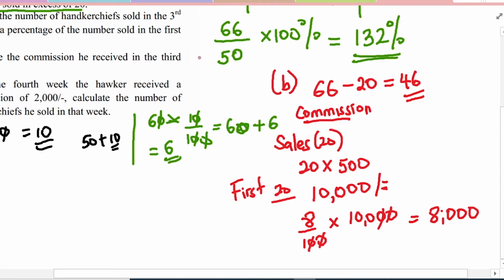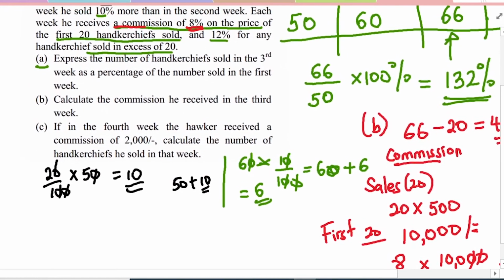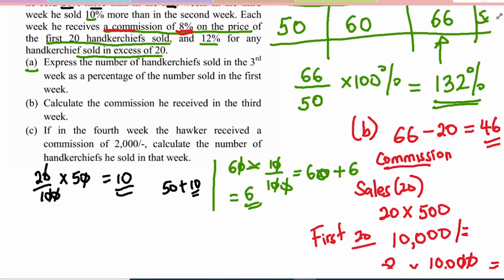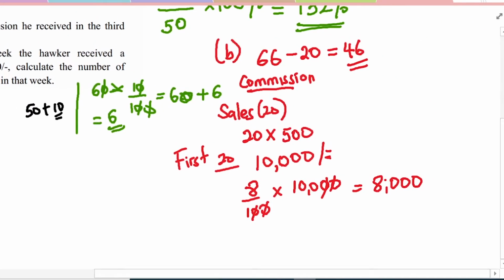But remember, the question continues to say that when he sells, he gets a commission of 8% on the price of the first 20 handkerchiefs sold, and 12% for any handkerchiefs sold in excess of 20. Those sold in excess of 20, we've seen, are 46. So we are going to find the price of these handkerchiefs sold in excess of 20, and then calculate the commission he gets.